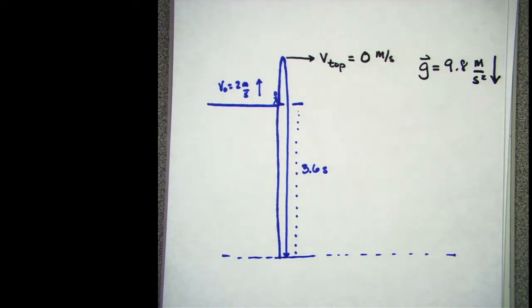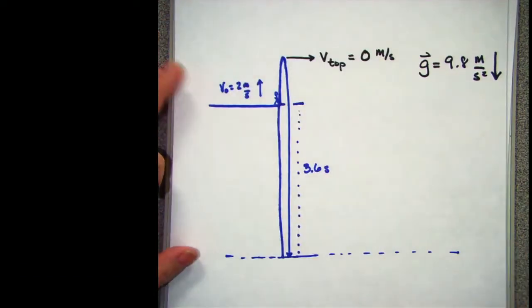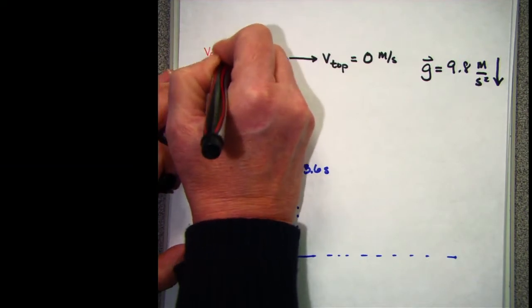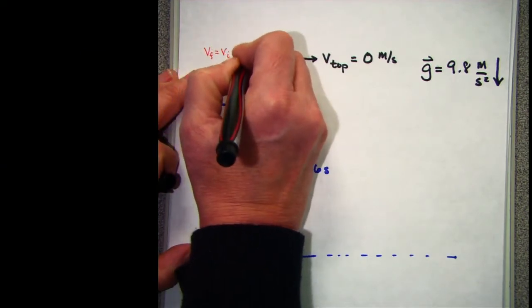Those are things we already know. The other things we know are: V final is equal to V initial plus AT.